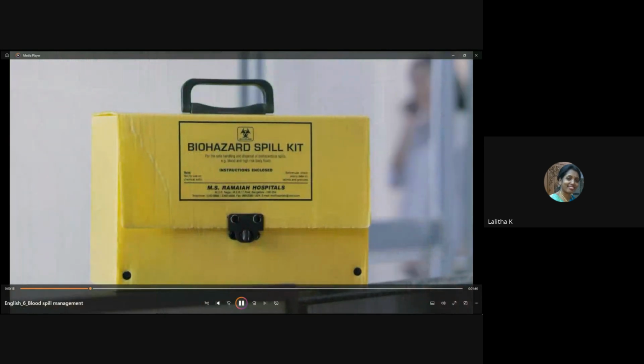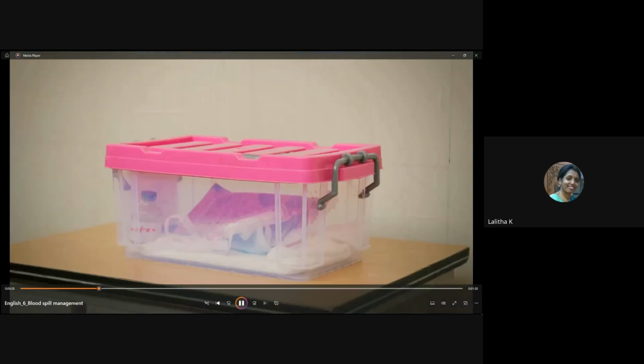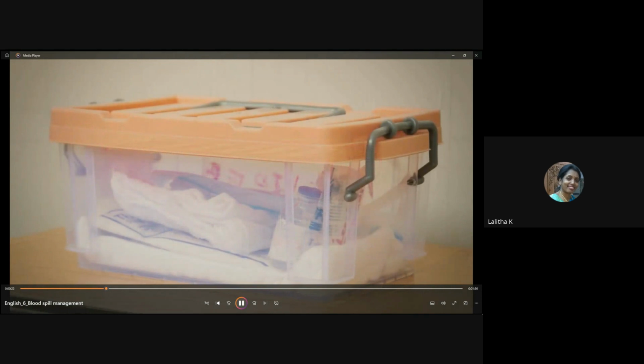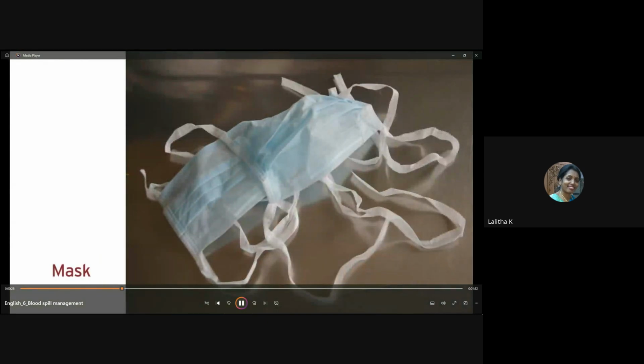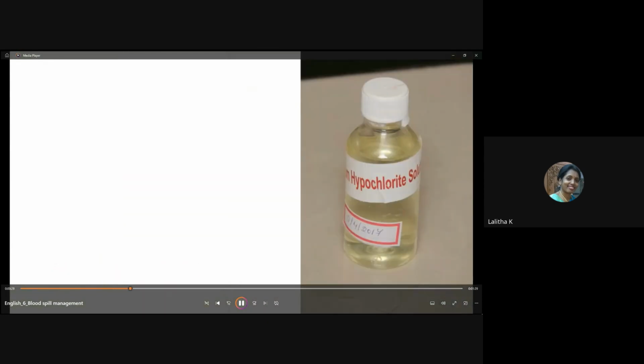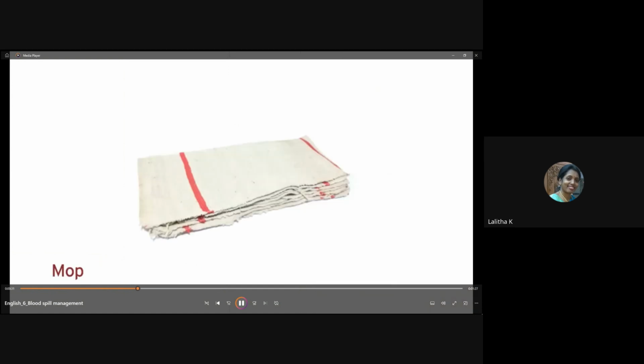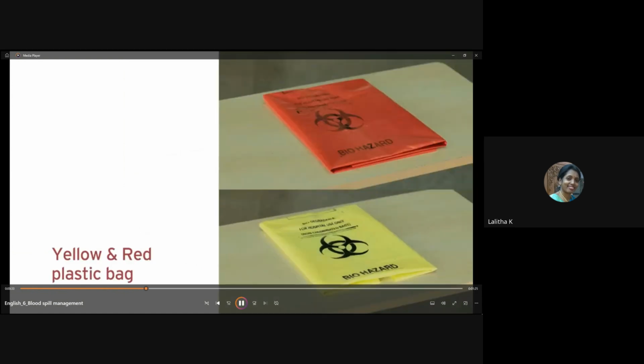Every nursing station must contain a spill kit. The spill kit should contain disposable apron, gloves, mask, absorbent material, disinfectant, mop, yellow and red plastic bag.